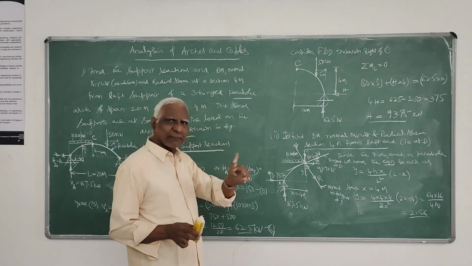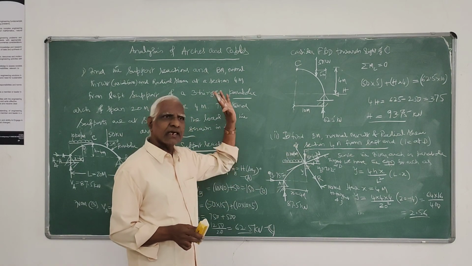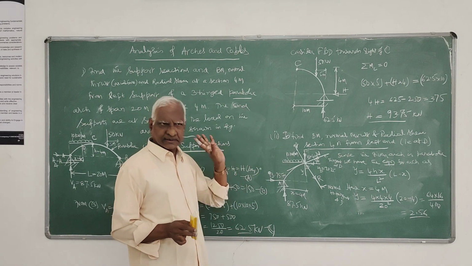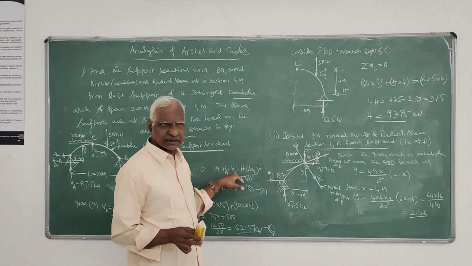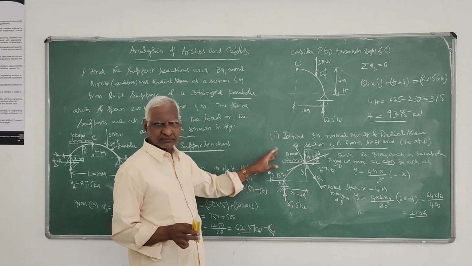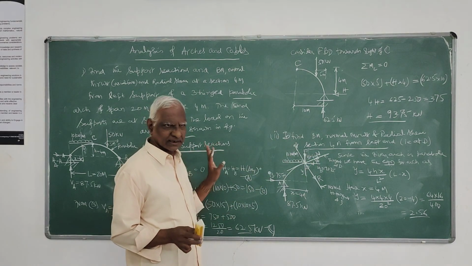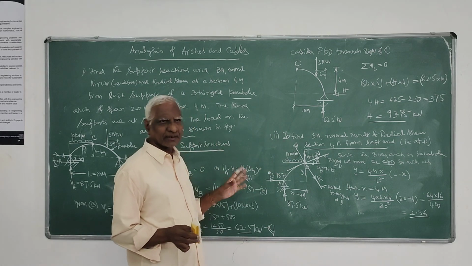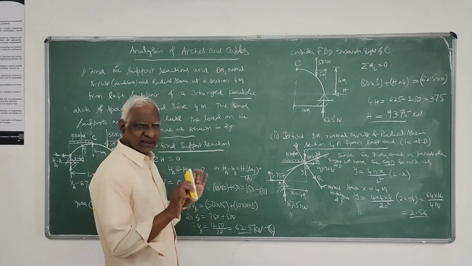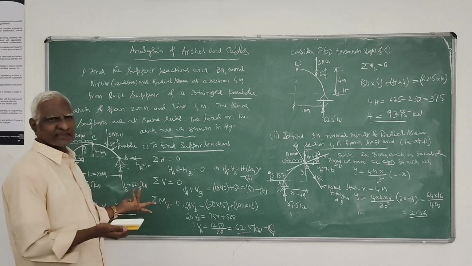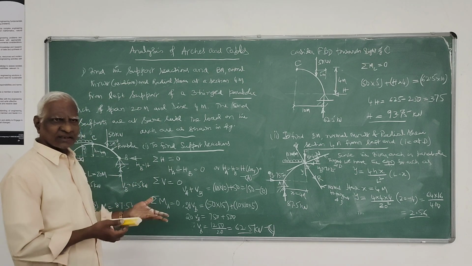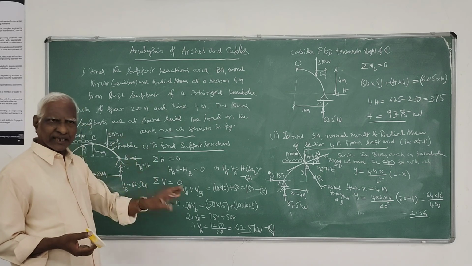Then remember the definition of normal thrust and radial shear at the section, and find out the forces along that tangent and normal, which is nothing but normal thrust and radial shear, and also bending moment. You will get the result. That is the simple straightforward process. If this is understood, then it's all just simple straightforward calculation.